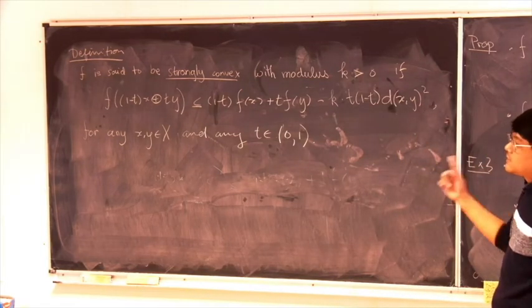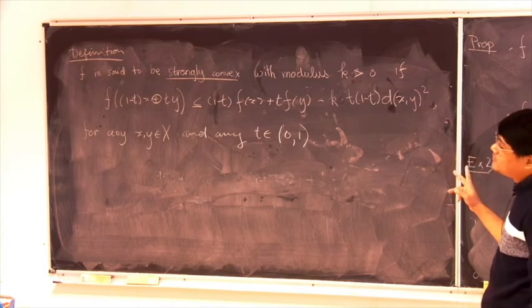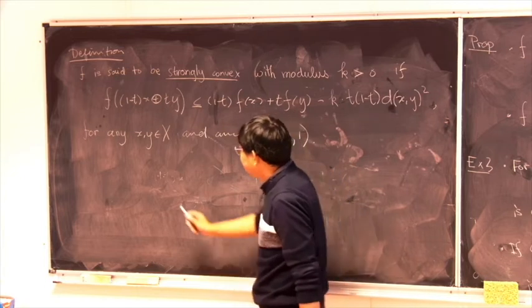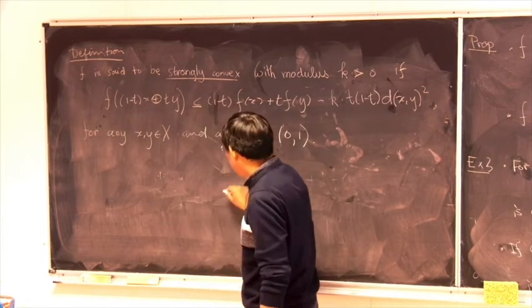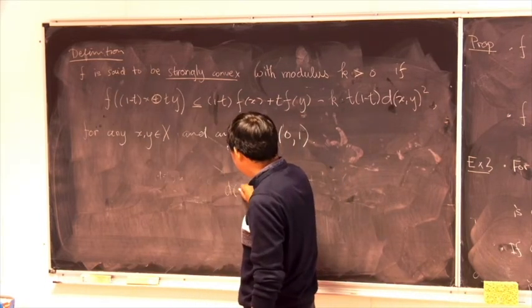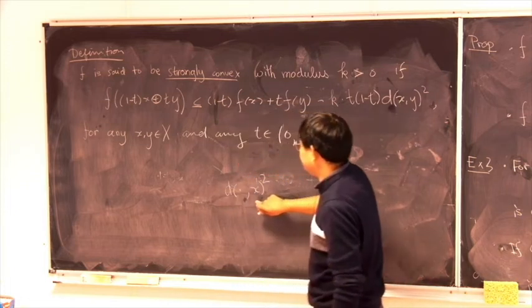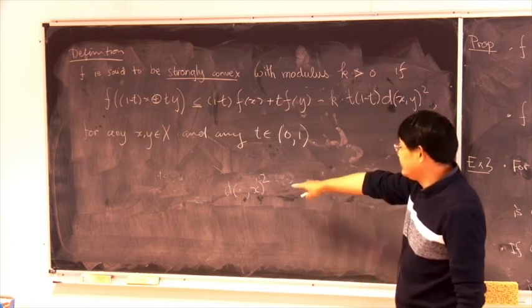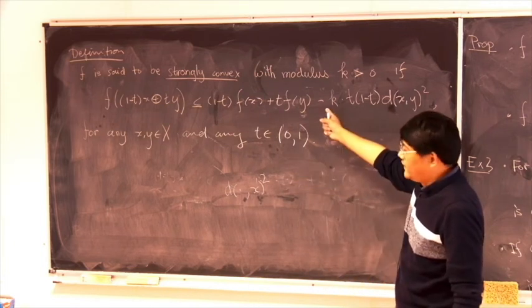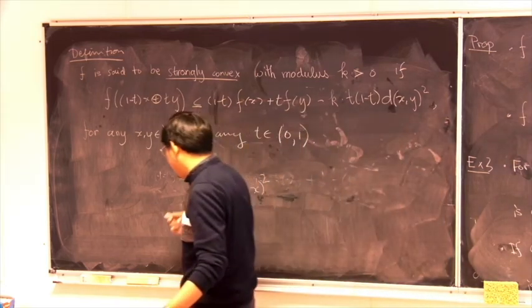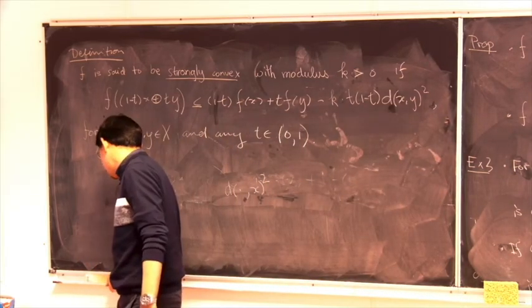You might think this looks a little familiar. It's because if you replace this f with distance squared, with one of the inputs fixed, then if kappa is less than or equal to 0, this is the CAT(0) inequality.